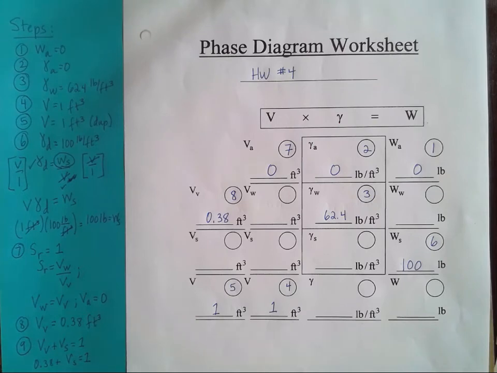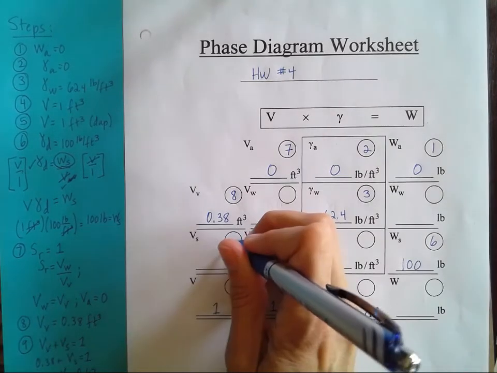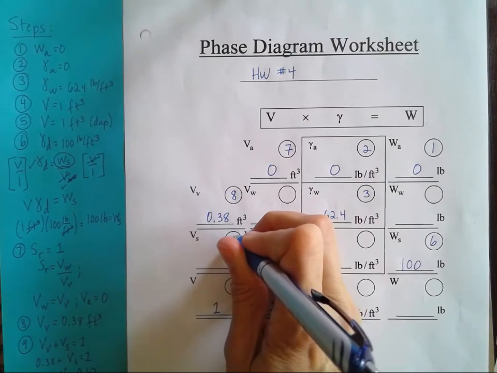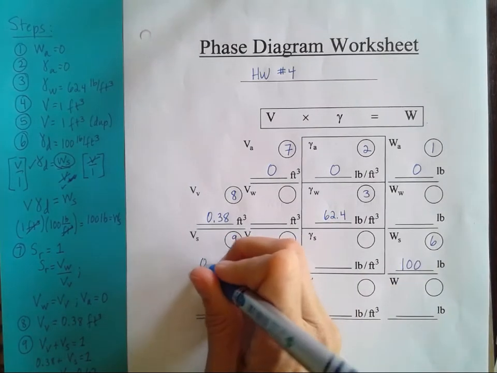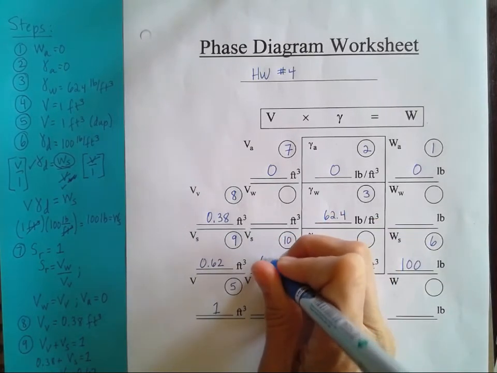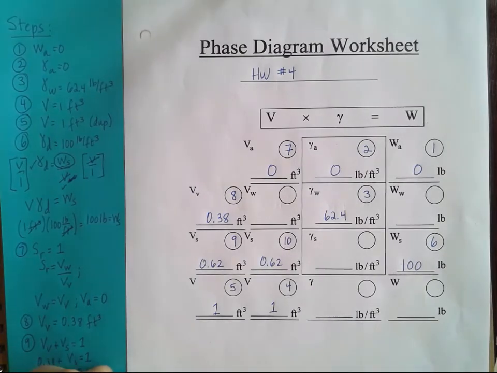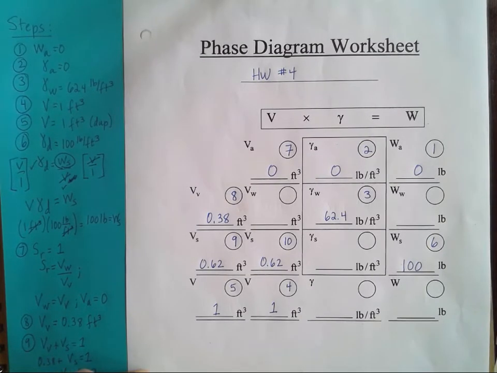And when I do that, I get that the volume of the solids is equal to 0.62. Okay, so I can put that here. That'll be my number 9, 0.62. And then I can just duplicate that over for number 10. So I could even just say duplicate 9.